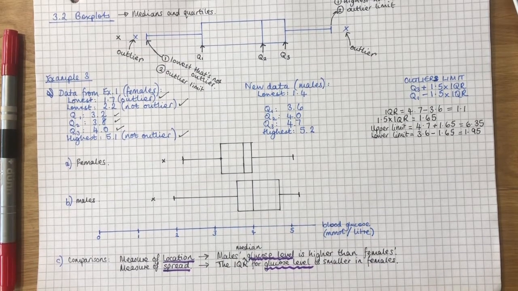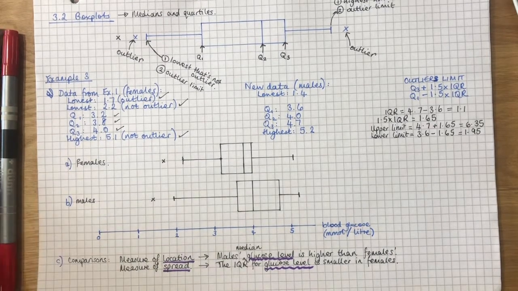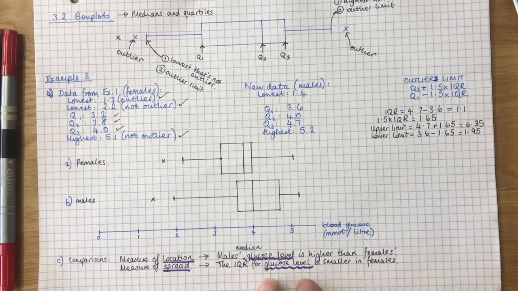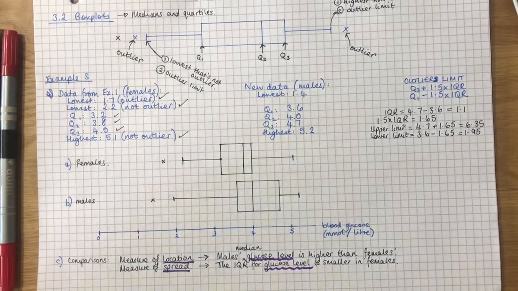You have to say, the glucose level is smaller, the glucose level has a bigger spread, something like that, because then you're putting it in the context of the question and you're actually interpreting the data rather than just saying this number's bigger than that one, which doesn't tell us anything. And when we're dealing with data, it's all about the context, as I've said over and over again. So make sure you do these two things and you write your answers in the context of the question. So if you can have a go at exercise 3B now, please.